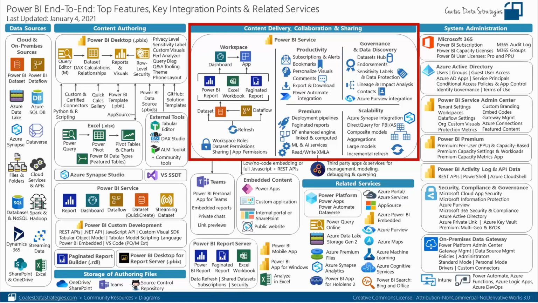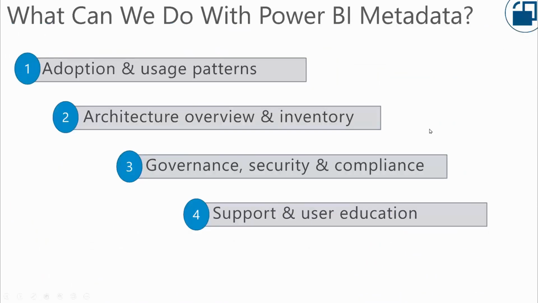So when you hear me say, we need to understand what's going on in the tenant, I mean your tenant in the Power BI service, which is really just one very important piece of your overall end-to-end ecosystem. So with this metadata, there's 4 different areas that I tend to think of that we can do things with once we get this metadata.